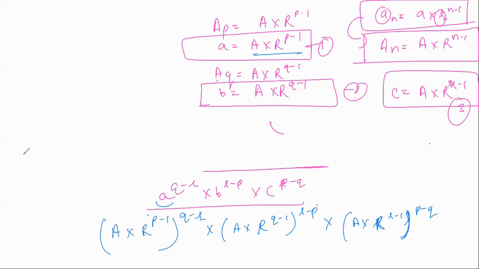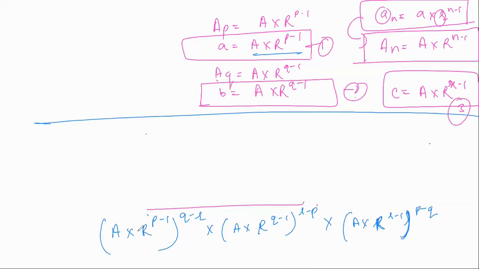Now let's open the whole power we have. When we open it, this power applies to a also and to r also. So a raised to the power q minus r multiplied by r raised to the power p minus 1 multiplied by q minus r.